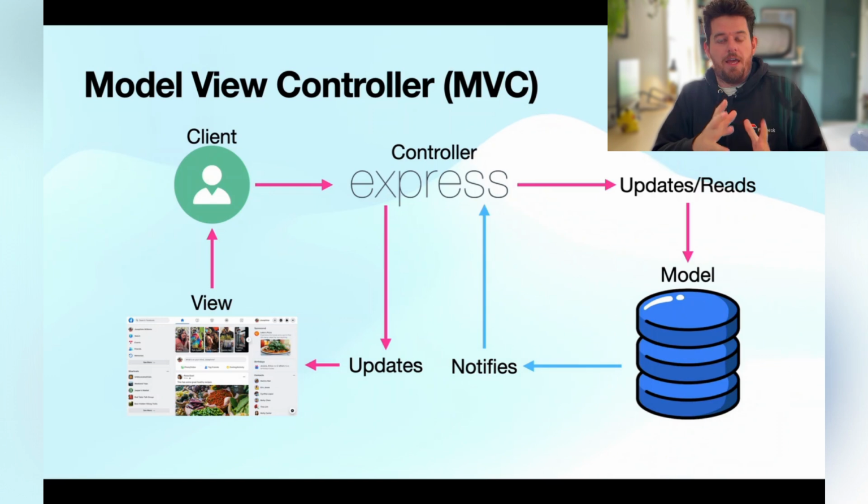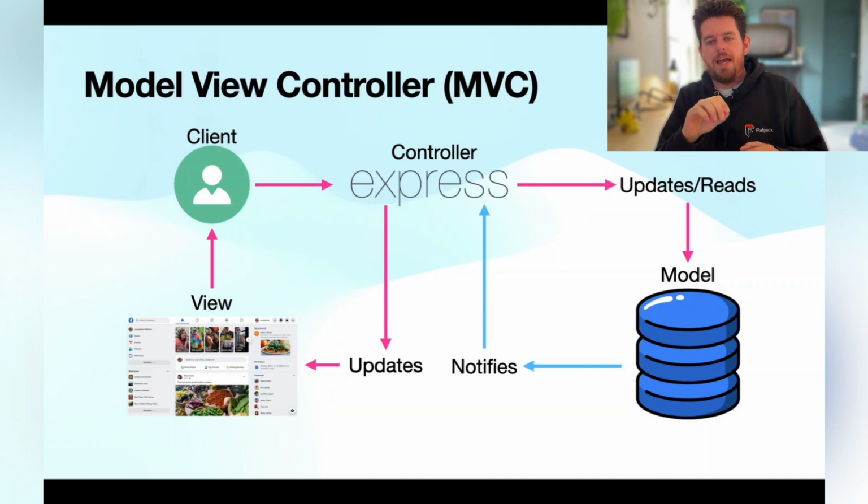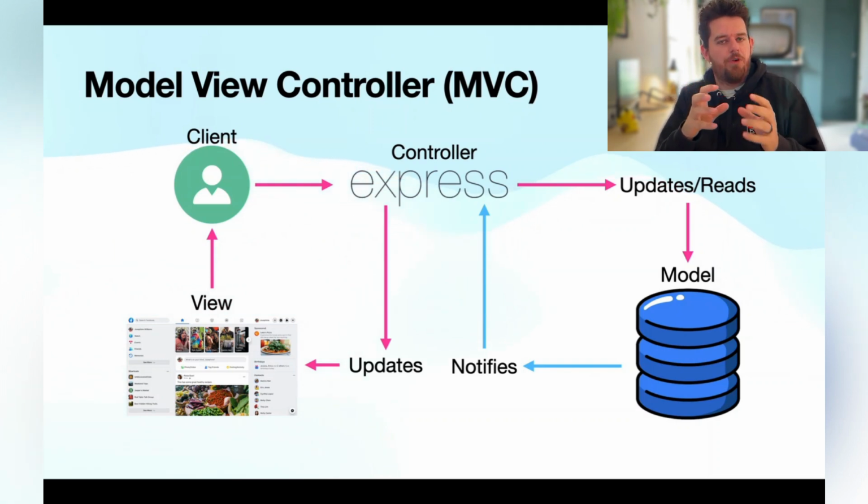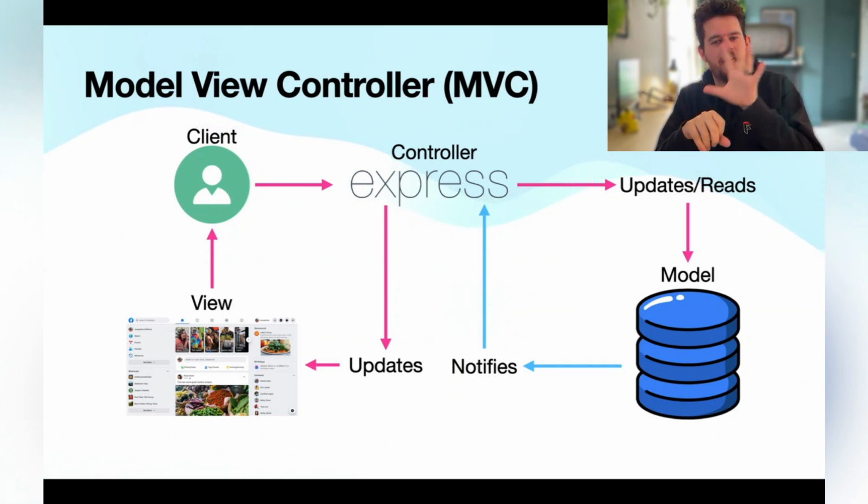So we've got our clients, our people, our user laptops and computers. They will send requests to our Express controller. Now, the controllers actually live within Express. We have to write those ourselves, but for the context of this, we can think of Express as our controller.